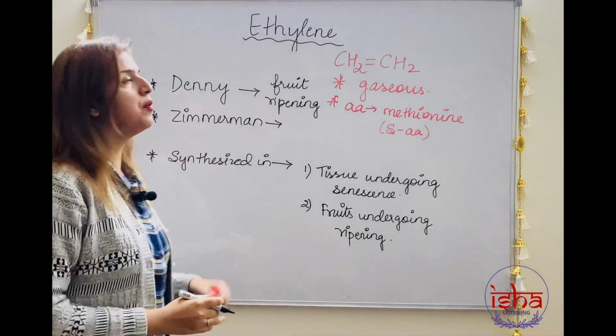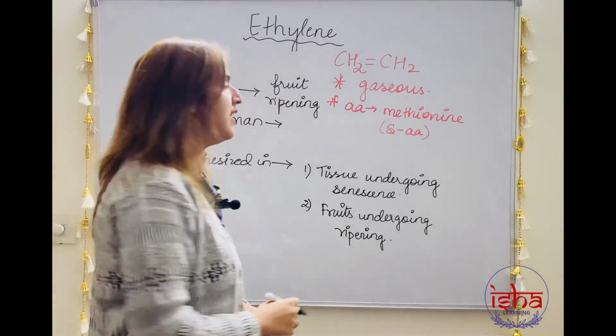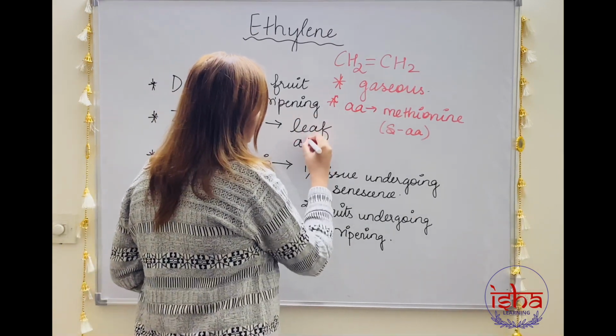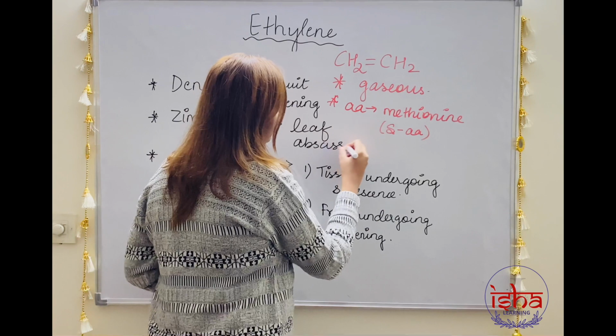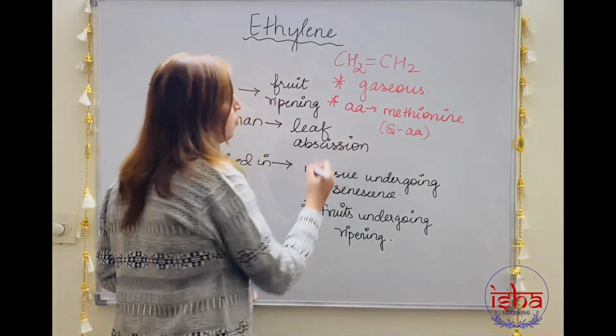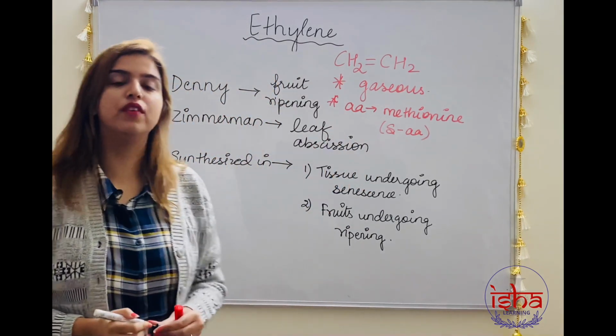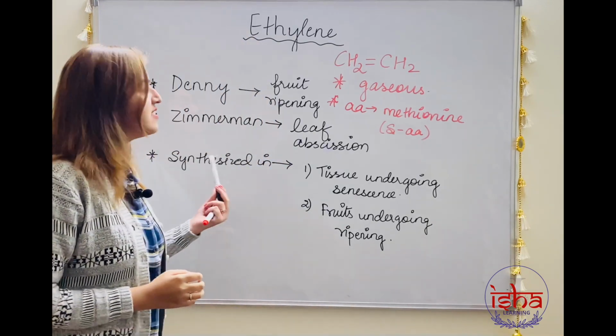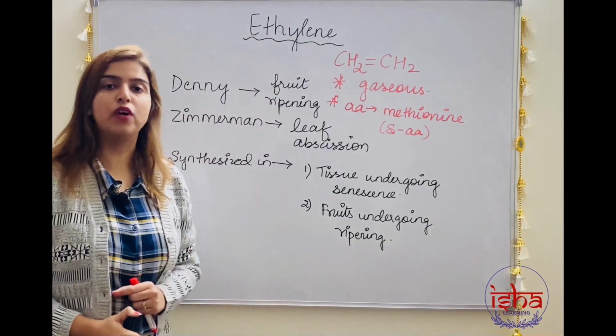Second was Zimmerman. Zimmerman said that it had a role in leaf abscission. Leaf abscission refers to the fall of the old leaves, the senescence of the old leaves. Now, let's talk about where this is synthesized in the plant body.